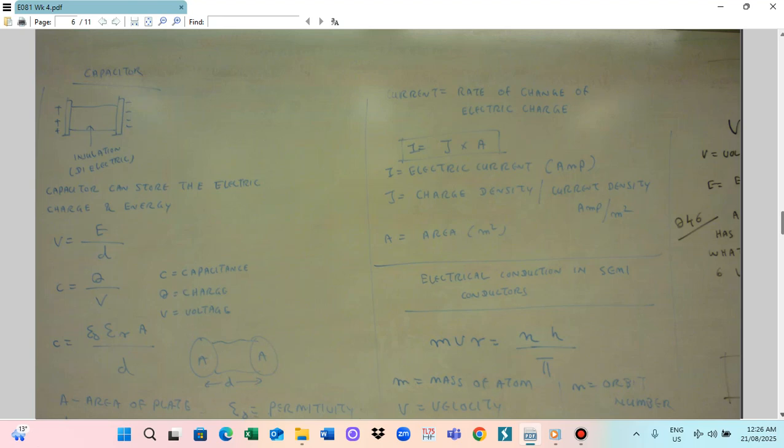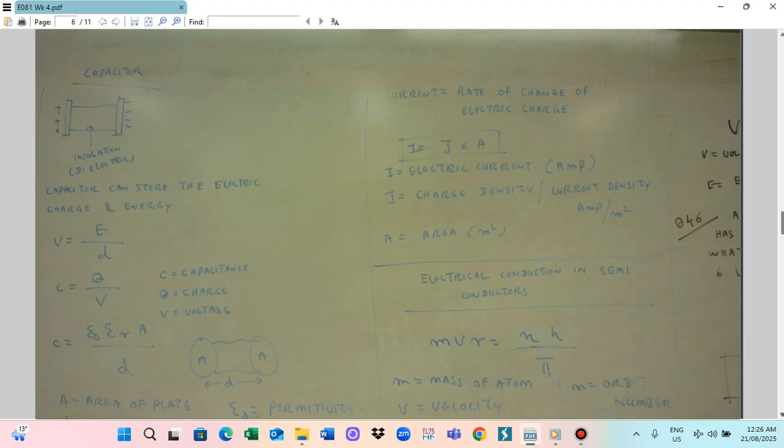J is the current density, or charge density, with unit ampere per square meter. And A is the area, in square meters. So electric current is equal to current density multiplied by area. This is the way we can calculate the electric current.